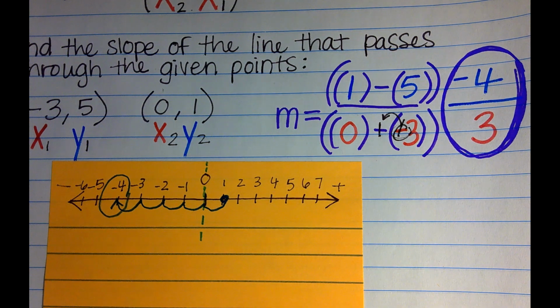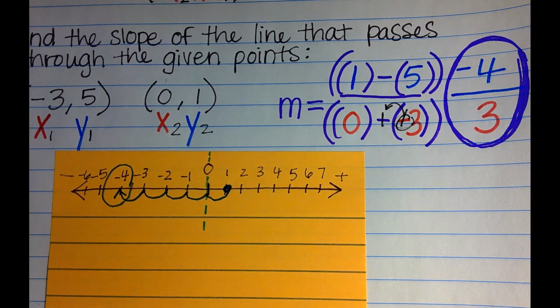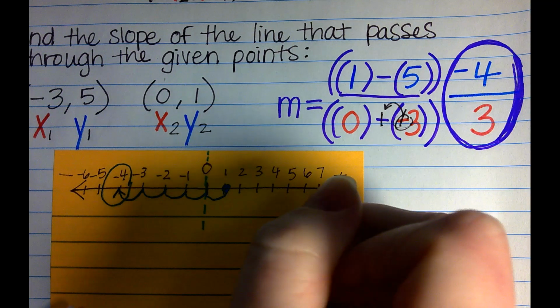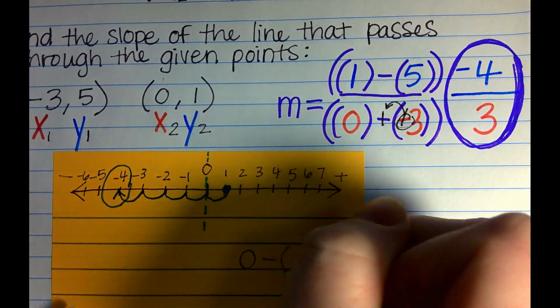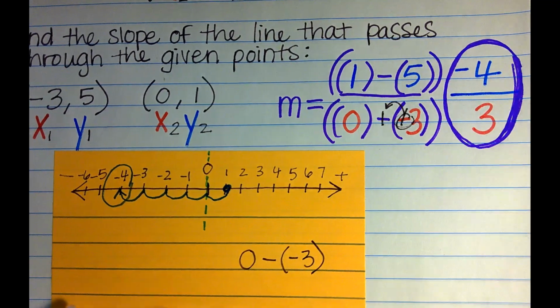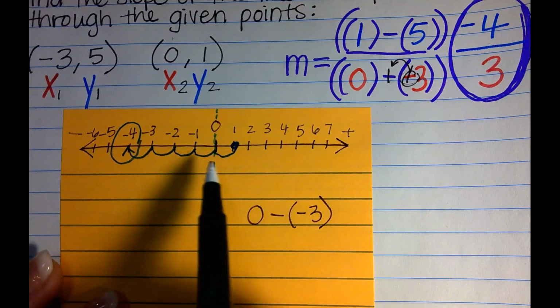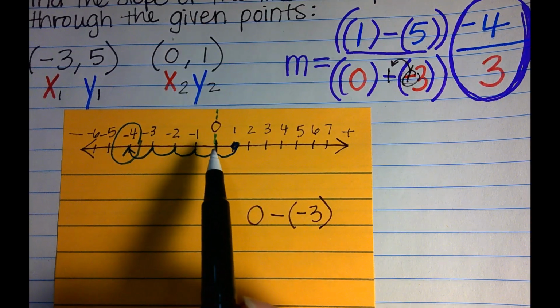Now let's think about this 0 minus -3. This is a really confusing concept, but it makes sense if we think of the word negative as being the same thing as the word opposite. So we are finding 0 minus -3. Let's start with just looking at 0 minus +3.